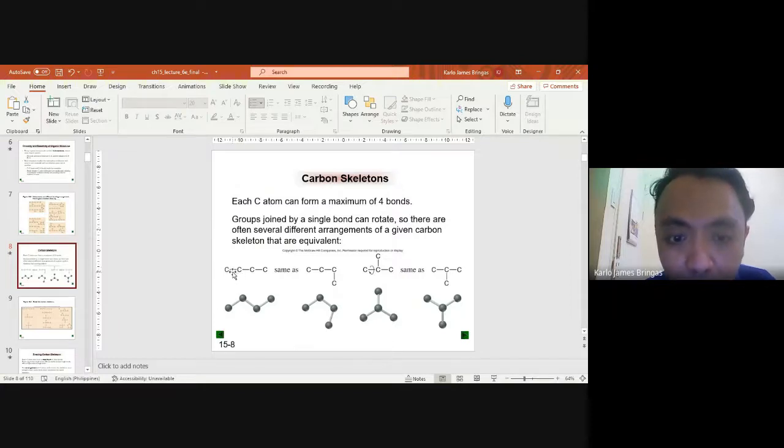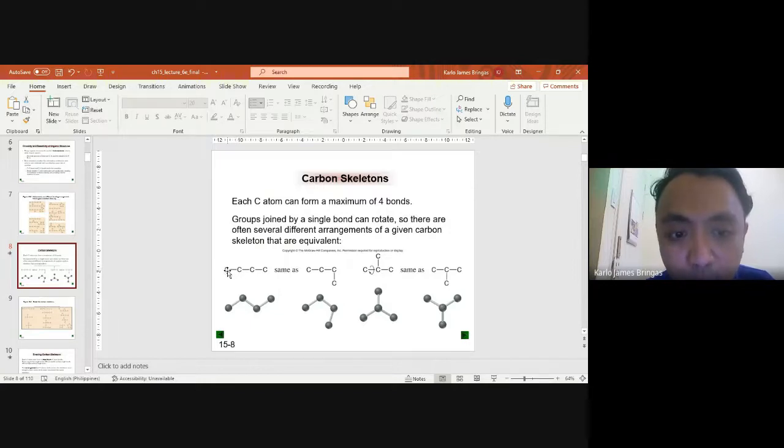So the important thing here is the connectivity of the carbon atoms. For instance, in here, this first arrangement that you can see in a ball and stick model looks like this. This one here is the same as this one. So they are the same because the arrangement of carbons is just the same.